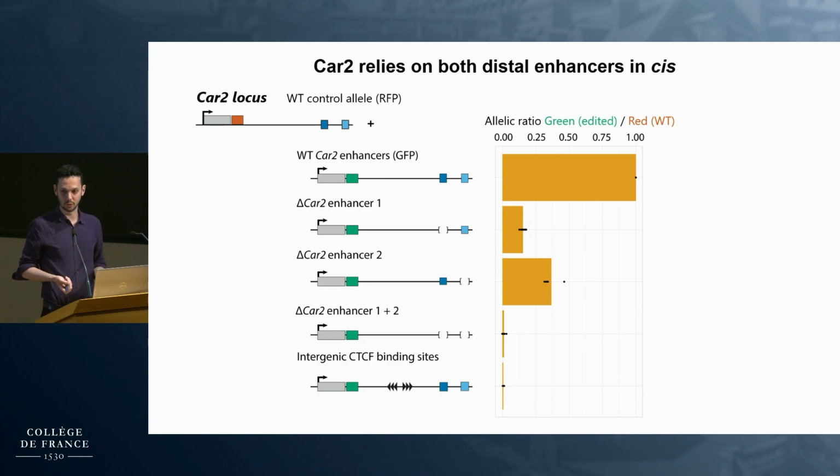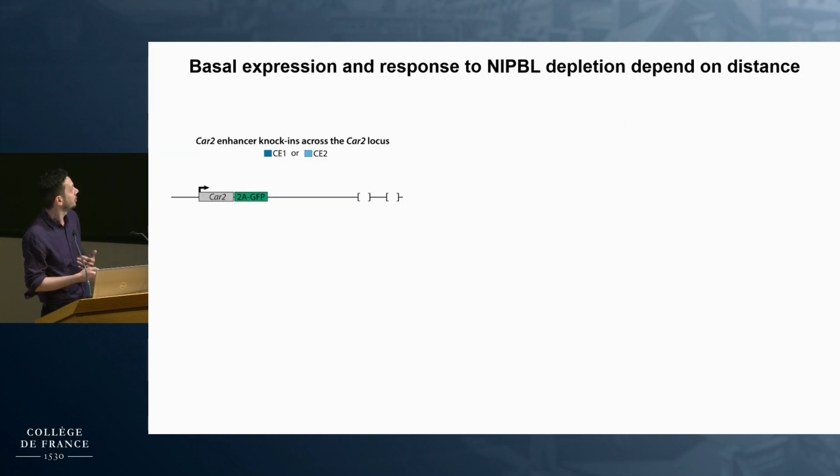But why is it so reliant on this DNA looping mechanism? Our first hypothesis was because the enhancers are far away. So to test this, Carissa made a bunch of cell lines where she reinserted either of the enhancers by knocking them in at various positions across the locus, and asked whether the CAR2 expression becomes independent of loop extrusion after a certain distance.